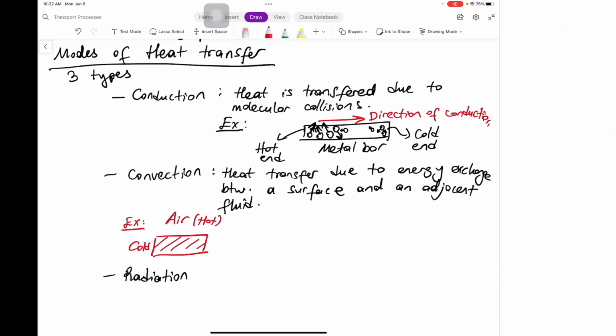In convection, you have some sort of interface between two phases, but in conduction, you have one material, and the heat is being transferred due to the molecular collisions. But in convection, the heat transfer occurs between two different phases, between two matter contacting each other.